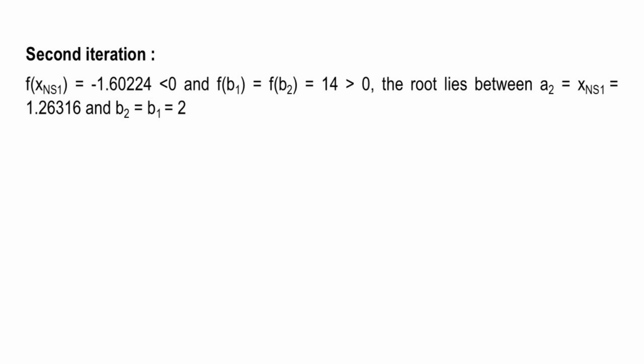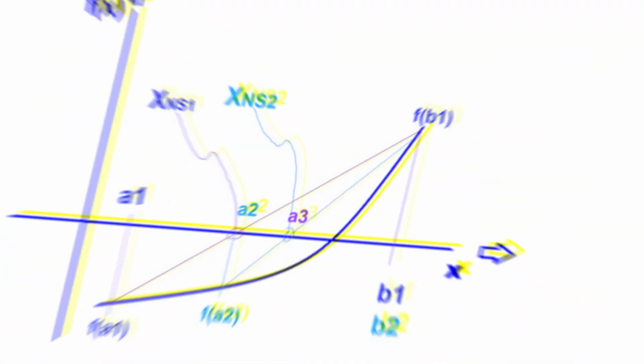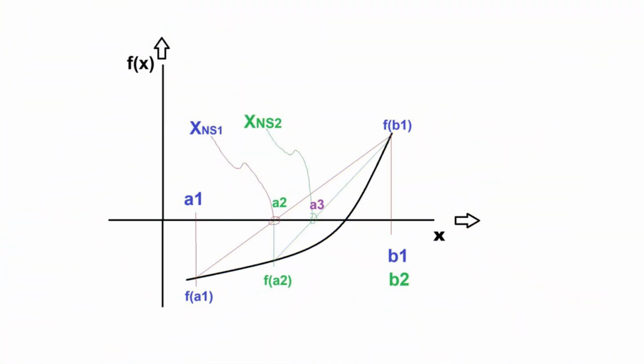For our second iteration, f(x sub ns1) is equal to minus 1.60224, and f(b sub 1), now f(b sub 2), is equal to 14. The root lies between a sub 2, which is now equal to x sub ns1, with the value 1.26316, and still b sub 2 is equal to b sub 1, which is 2.